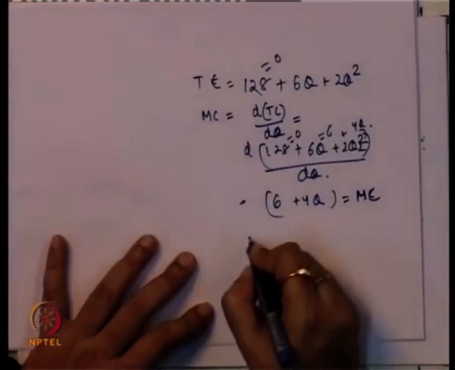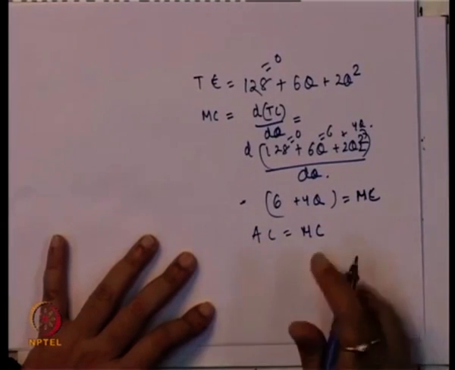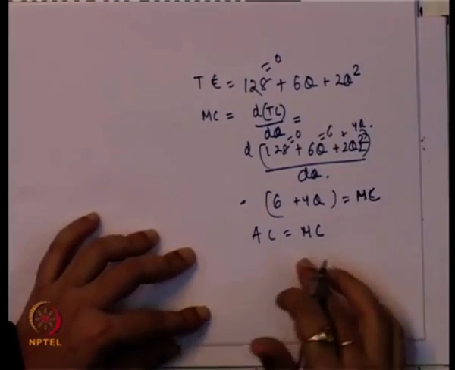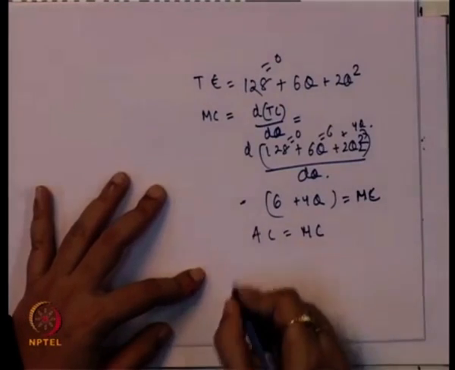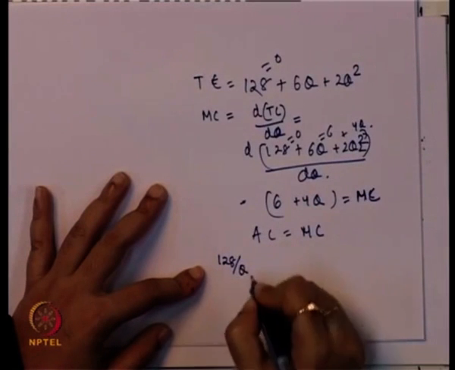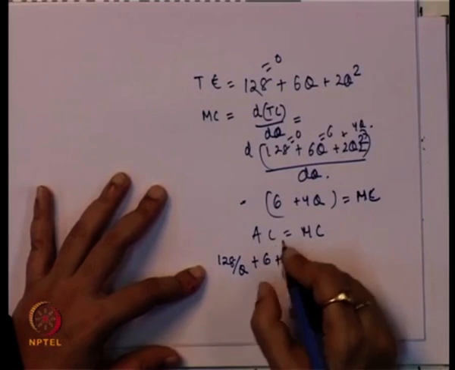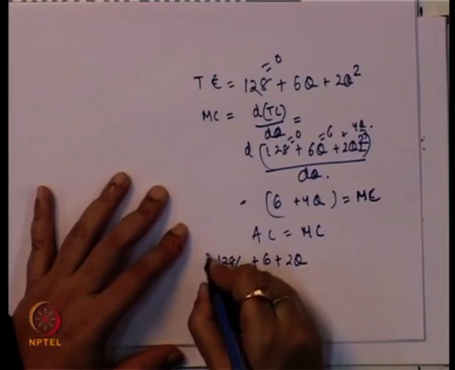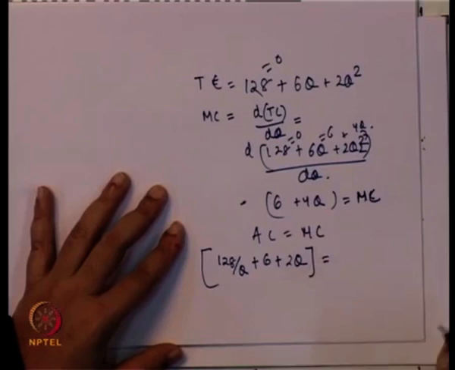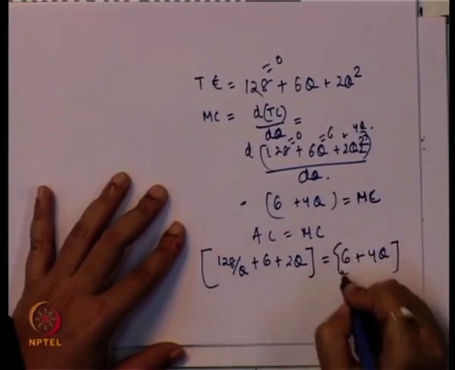Now, if you equalize the average cost with the marginal cost, what value are we going to get? As we know, the average cost is 128 over q plus 6 plus 2q, because this is nothing but TC divided by q, which is equal to 6 plus 4q.